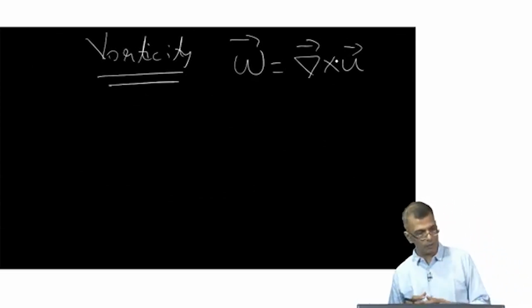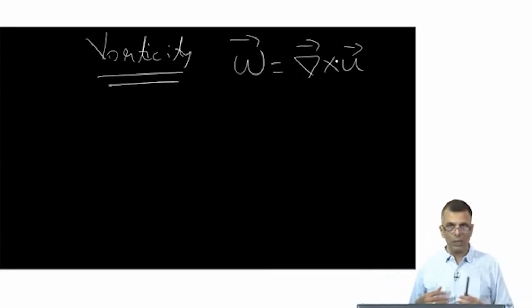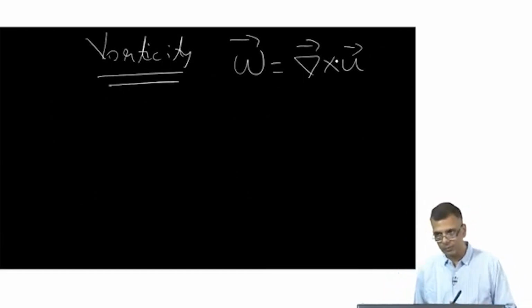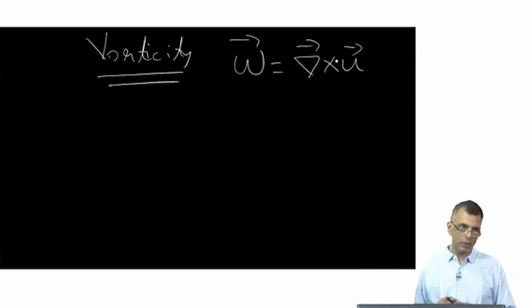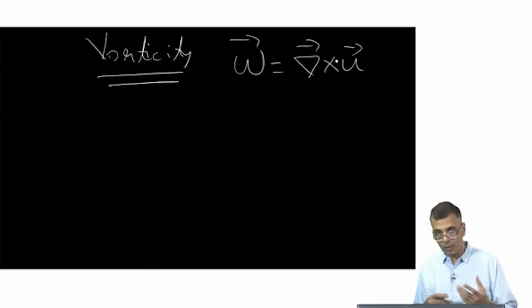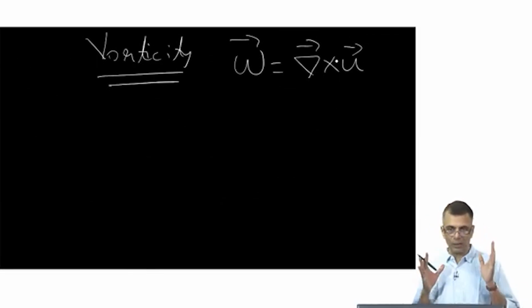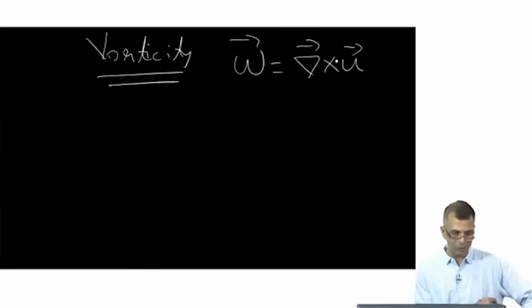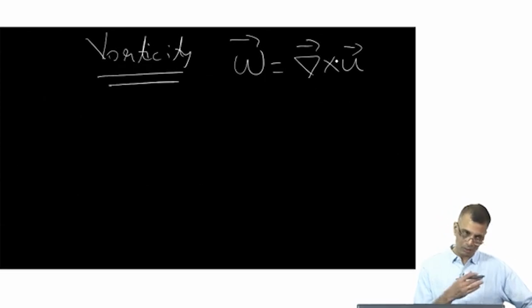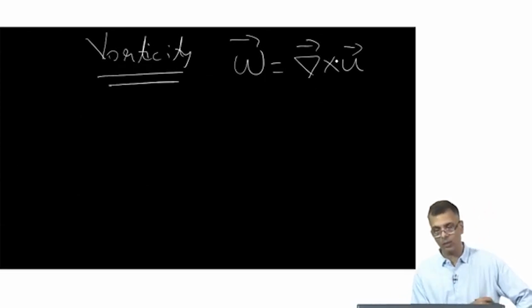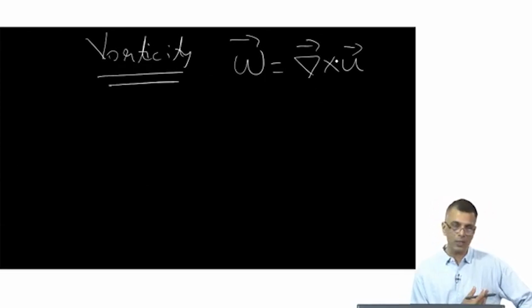And as we've discussed several times before, really it's only in a viscous flow that you expect the flow to be rotational. And this is enough to anticipate one of the results that's coming up very soon, which is that there's a closely related quantity called circulation, and this quantity is conserved in an inviscid flow.